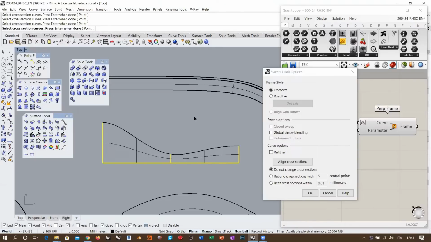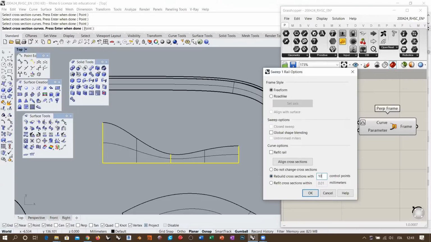So if you do this on an organic shape, you will have a different distribution of knot spans along the path. And then you can also work with cross sections, and you can rebuild them and refit them. If you rebuild them, 5 control points produce one single internal knot, so there is always the same longitudinal isocurve, but it becomes a real isocurve and not a visual one.